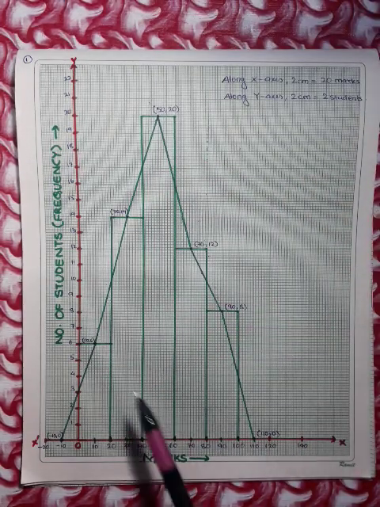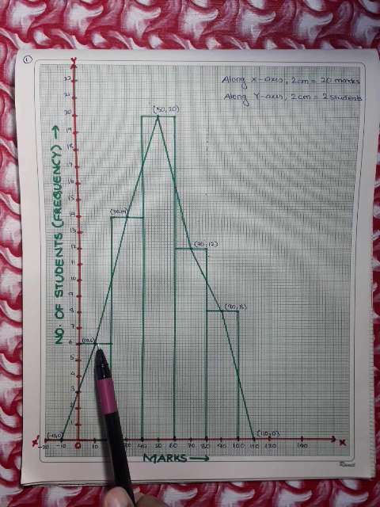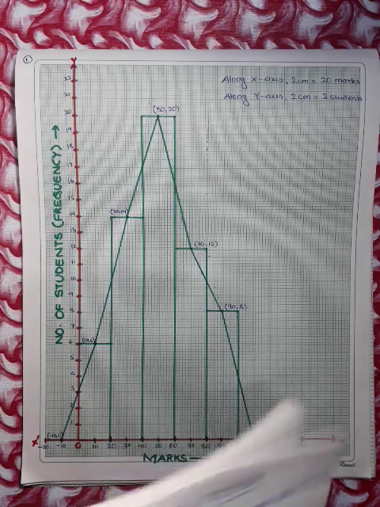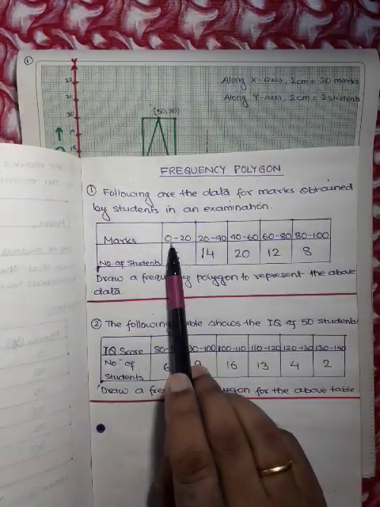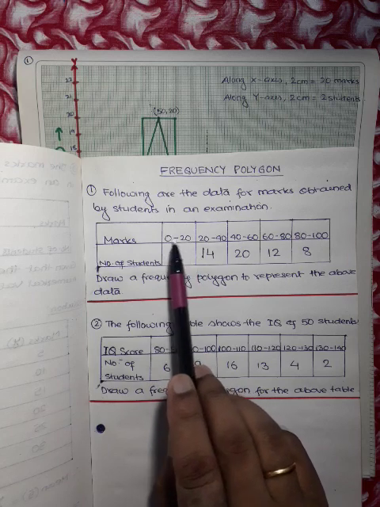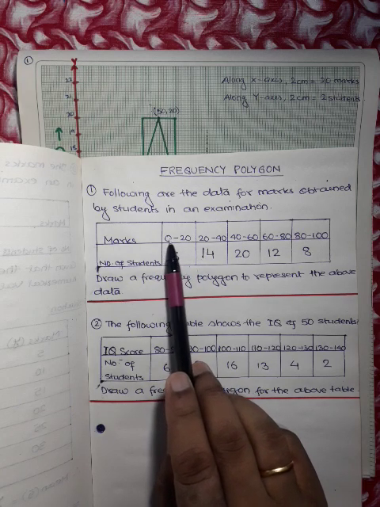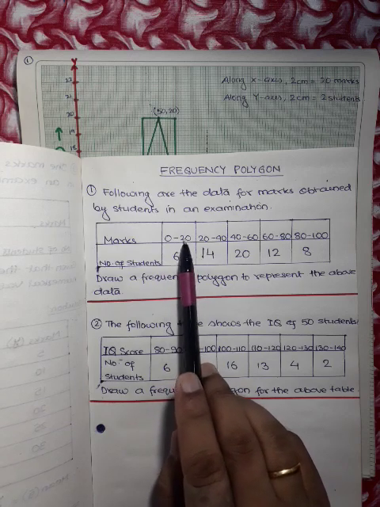Now find out the mid value. Mid value means the average of the lower class limit and the upper class limit. That means 0 plus 20 is equal to 20, and 20 divided by 2 is equal to 10.